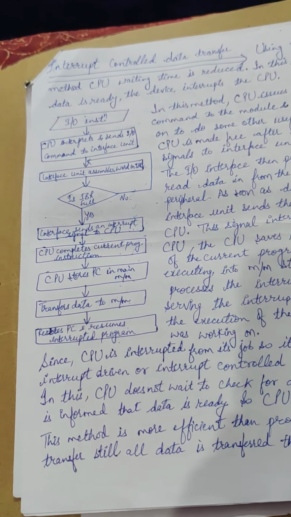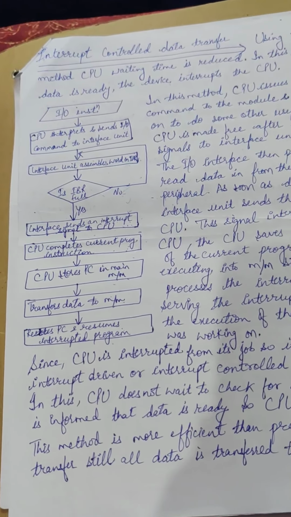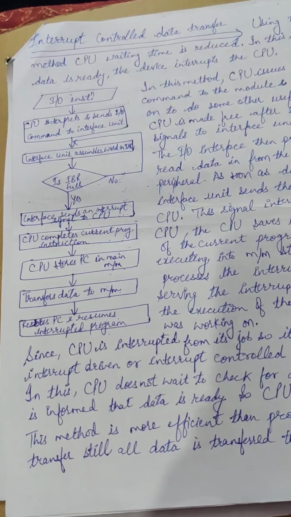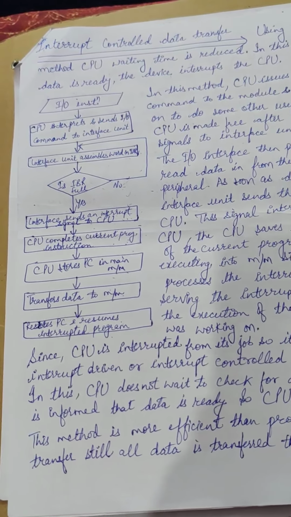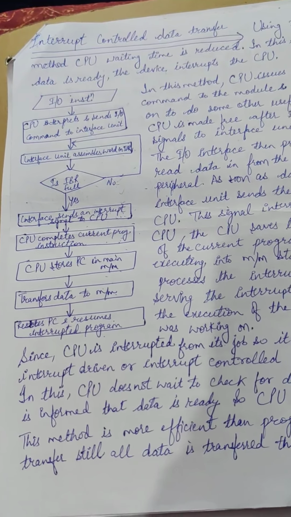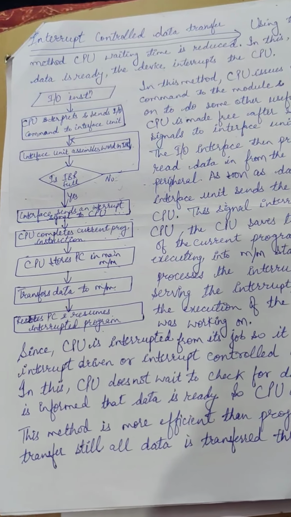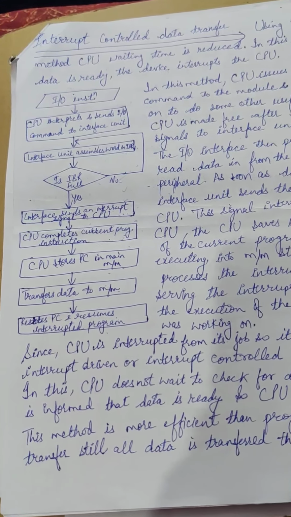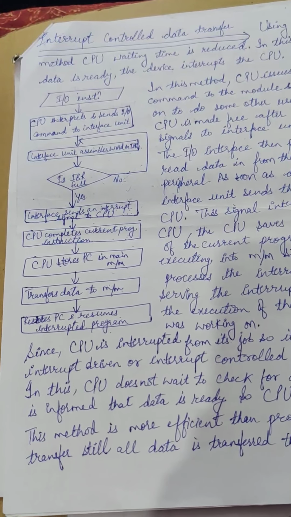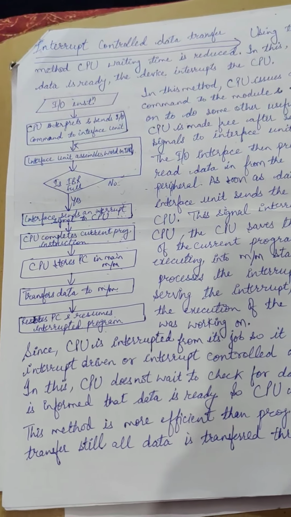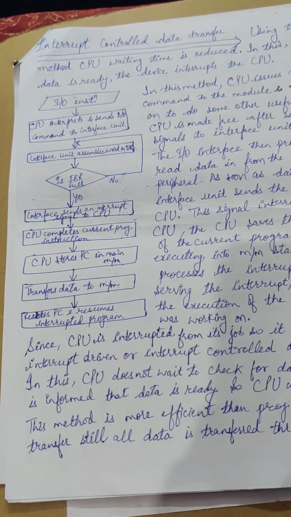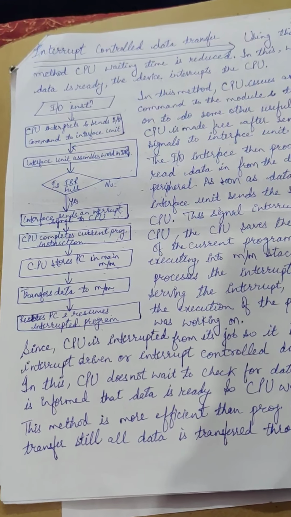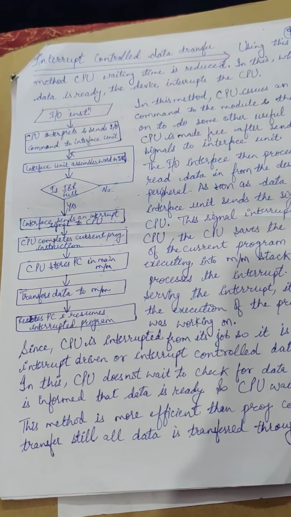So this is interrupt controlled data transfer. The CPU just has to send the signals to the interfacing unit and is then free to do its own work. If there is a requirement of the CPU, only then will the interface unit interrupt the CPU, so that the CPU can transfer data from the registers to the memory. Otherwise, the CPU is free to do its own work, to execute its program or instructions, whatever the CPU is doing.